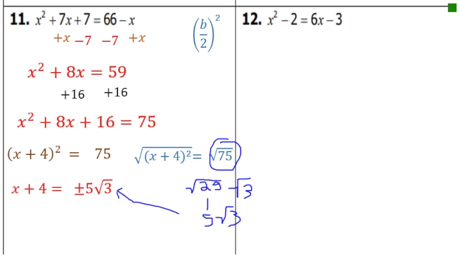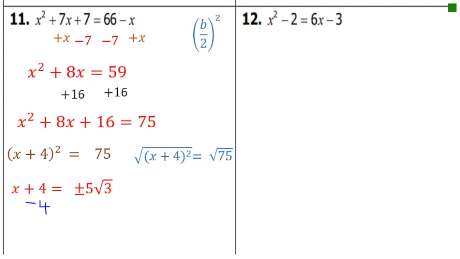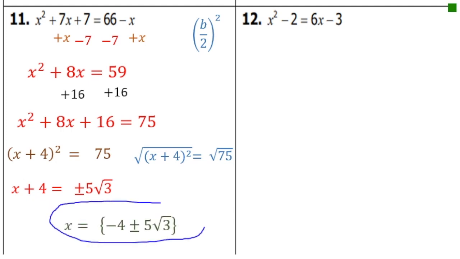Okay? So when needed, you must simplify radicals to be able to continue with your answer. So now the next step to do is subtract 4 from both sides. You end up with negative 4 plus or minus 5 radical 3, and therefore that is your answer. Remember, this is two solutions though, but you don't necessarily have to rewrite it. You can skip 12.